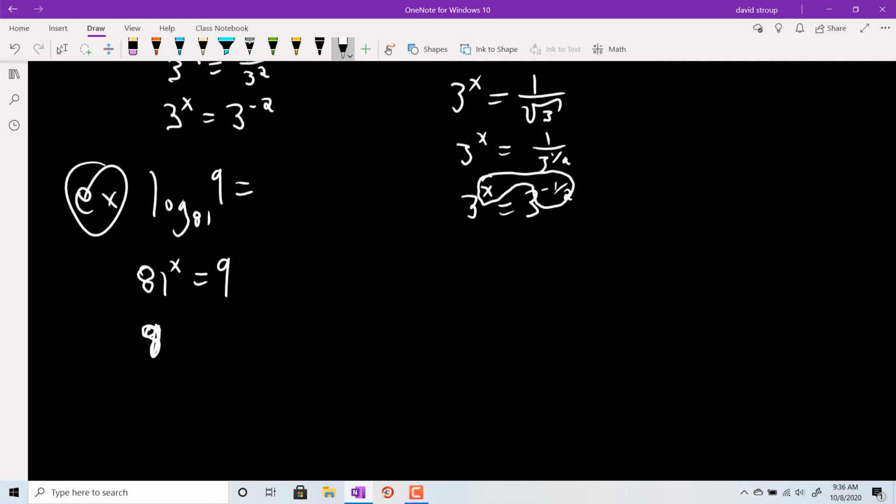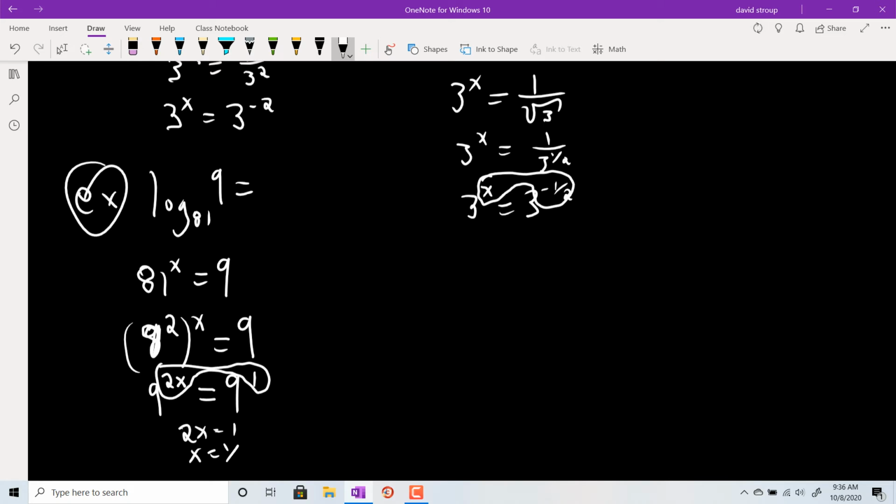Or another way you could think of it is 9 squared to the x is equal to 9. Maybe this is a bridge too far, but let's see. So you'll have 9 to the 2x is equal to 9. And then you can say 2x is equal to 1. And then x is just 1/2. So 81 to the 1/2 power is 9.